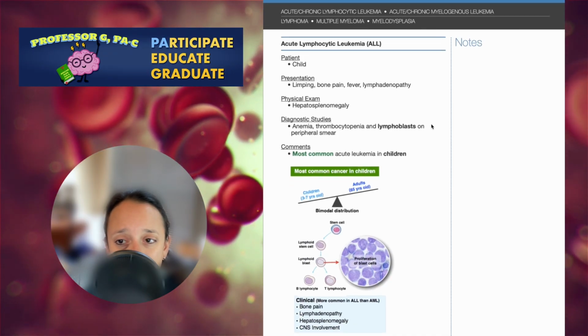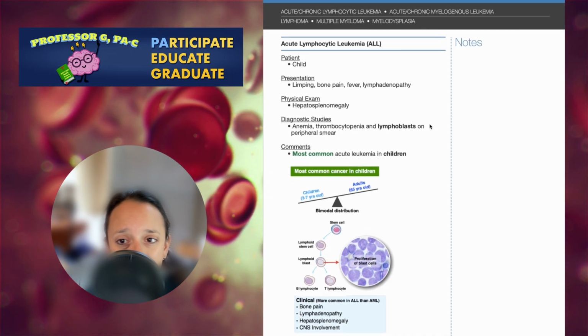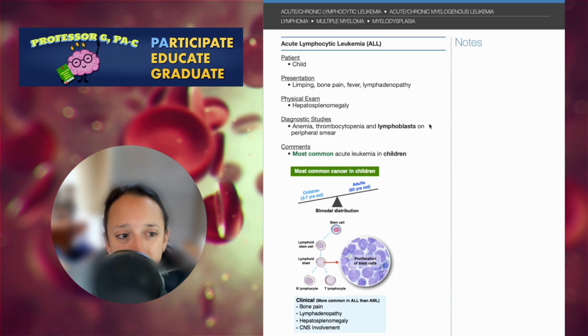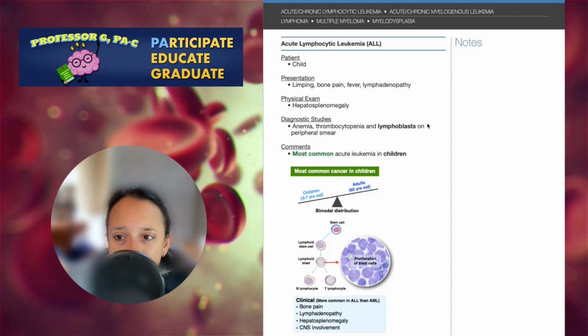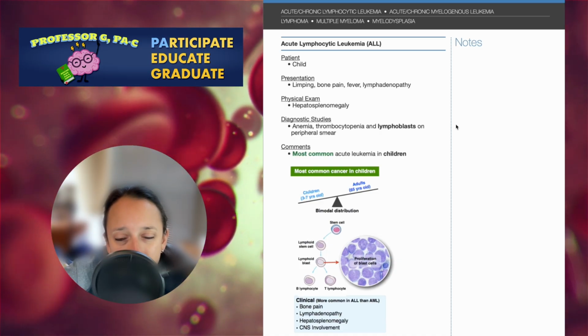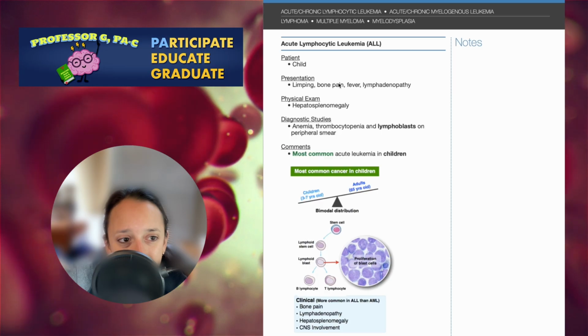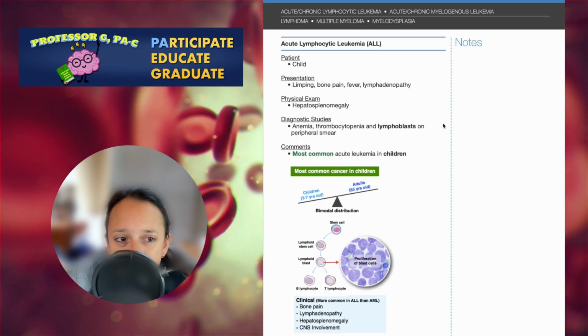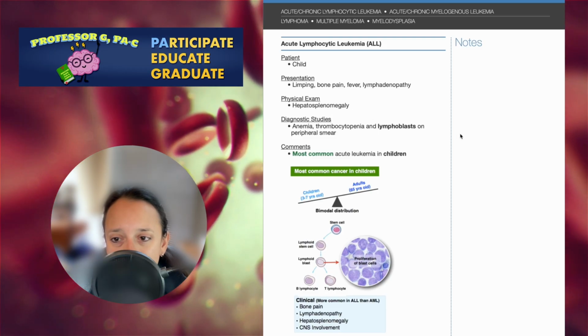It usually starts when immature lymphoid precursors called lymphoblasts proliferate uncontrollably. This really leads to pancytopenia, fever, fatigue, pallor, easy bruising, and recurrent infections. You might also see some bone pain, limping, lymphadenopathy, and possibly some hepatosplenomegaly.